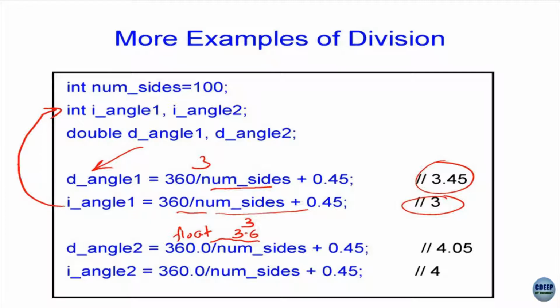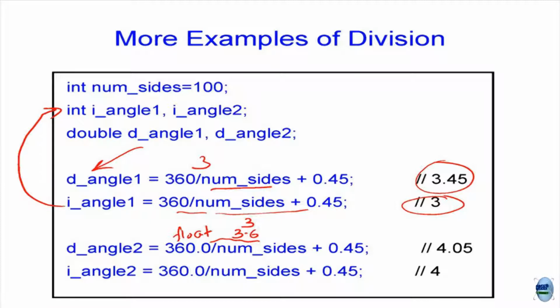You have exactly the same expression on the right hand side in the second case. So you will have 3 plus 0.45. However, I angle is an int, a type int, and therefore will be assigned the value 3. Okay.